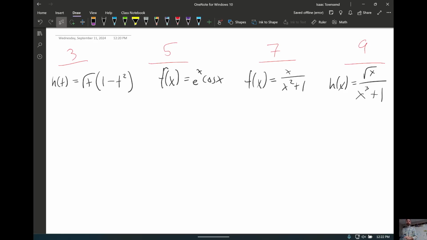You can check the answers. These are all odd, so if you flip to the back, I did include the answers in the back. So you can see what the answer to number 3 is. So do the product rule, see if you can simplify it, and if your answer looks like that, then move on. And if it doesn't look like that, you'll need to pay attention when I go over it.